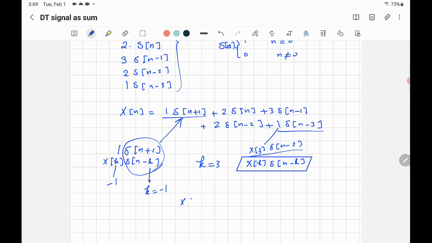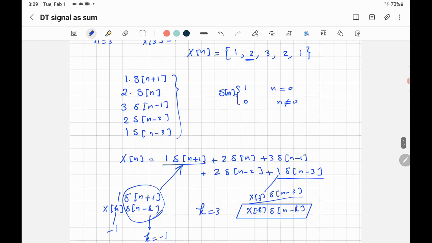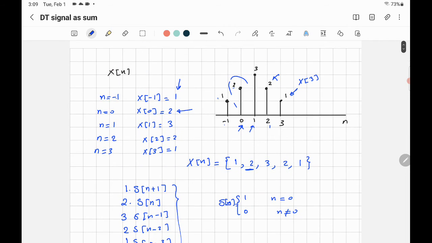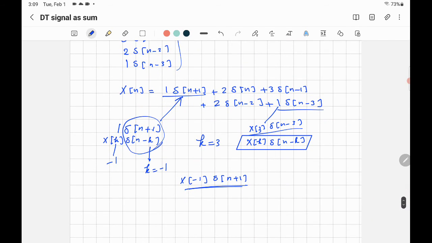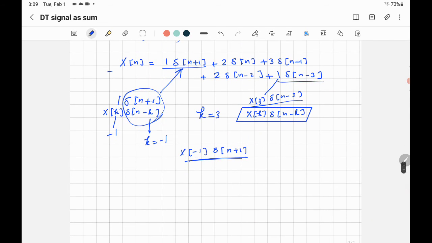So this term is x of -1 delta n plus 1. Okay, and x when n equals -1, you'll see it is equal to 1. That's right. So this is the general term. So each term in this series can be expressed by this term.